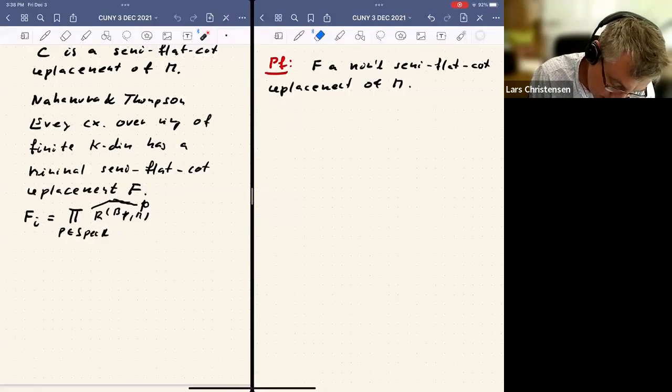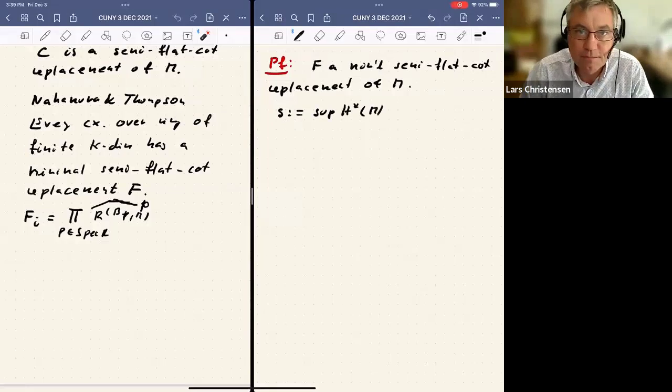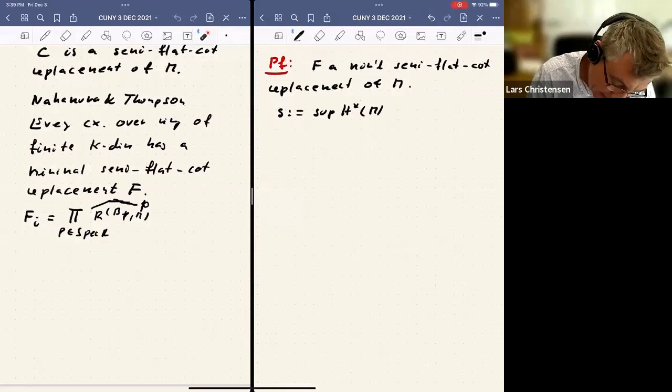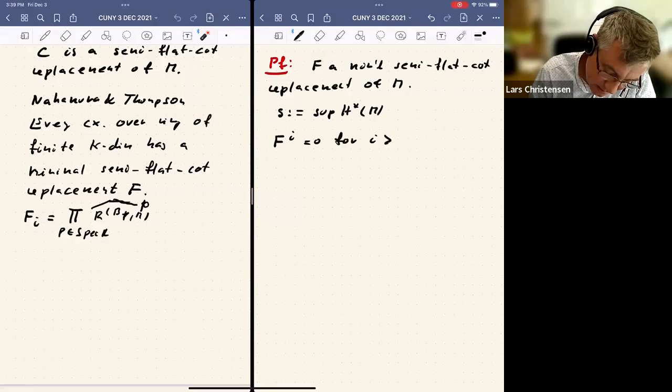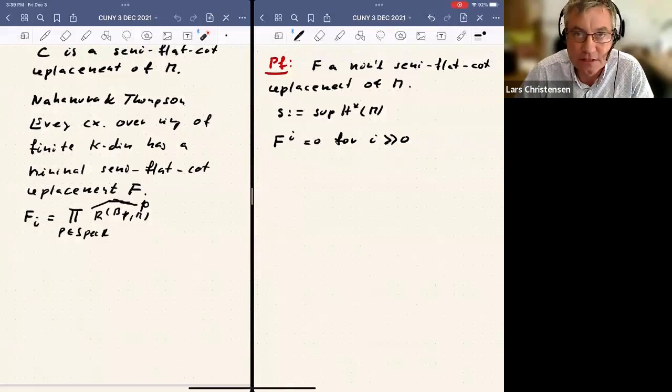So I set S to be the cohomological supremum of M. I'm trying to bound injective dimensions, so the thing is ultimately going to have a finite cohomological supremum. I cannot say that F stops at S, but I can say that it stops in high degrees.